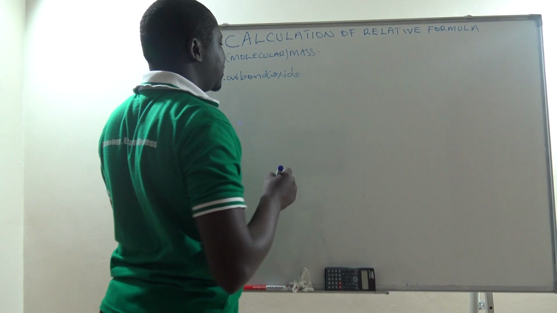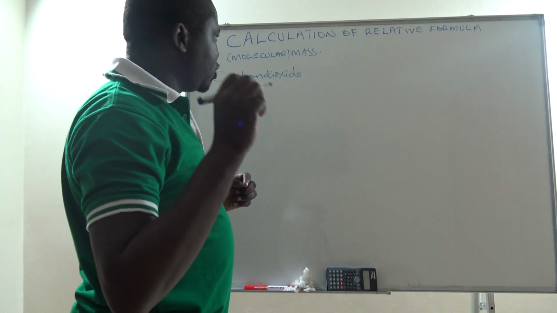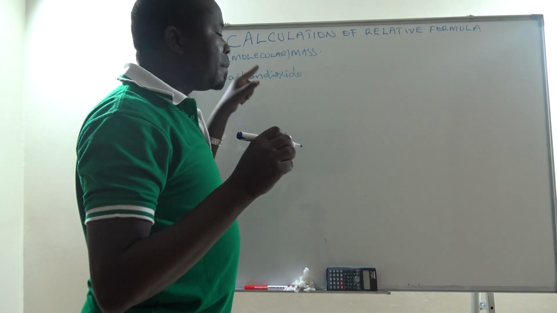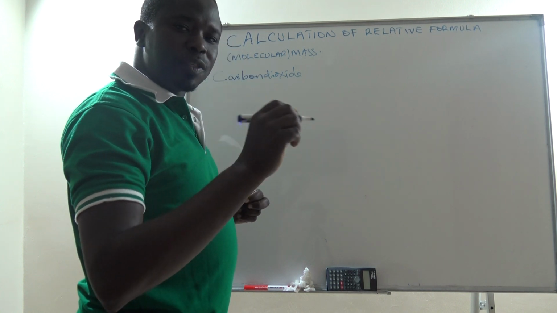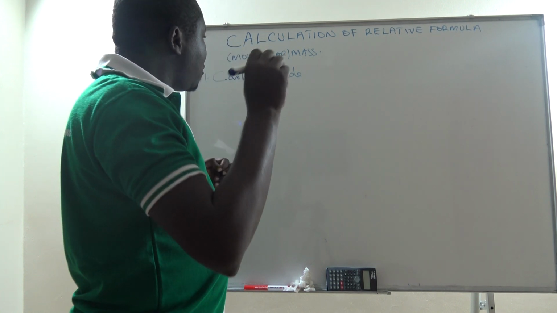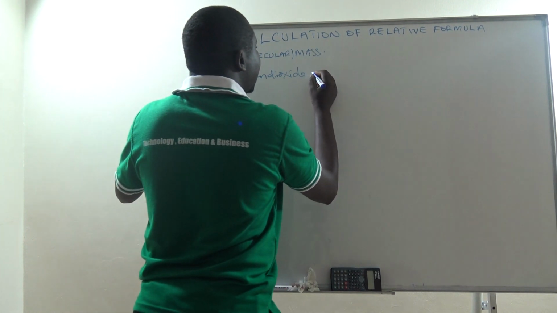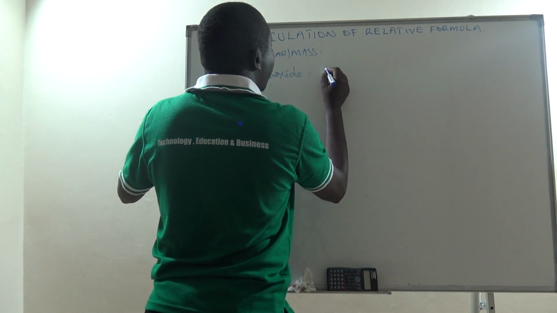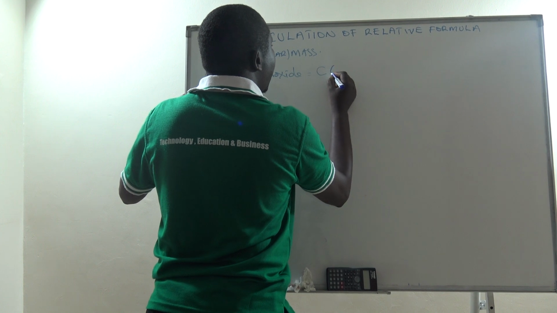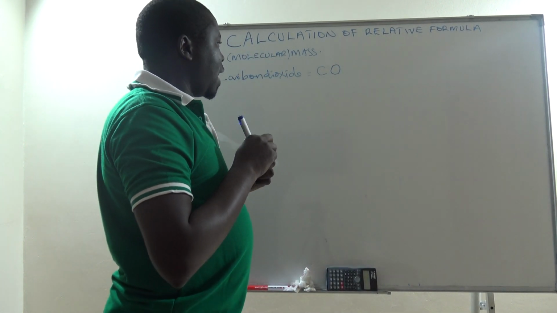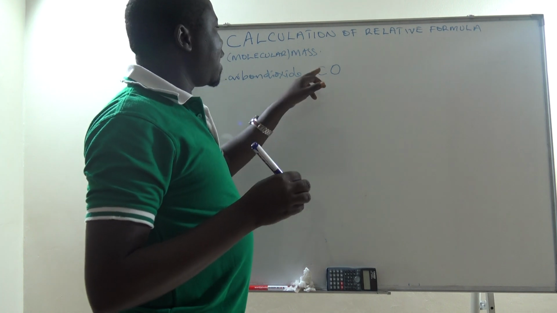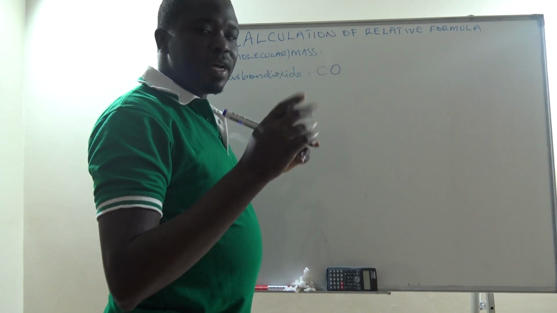If I take carbon dioxide, the first thing that you need to do is to work out the formula of the compound so that you see the number of atoms of each element in one particle of that compound. So in carbon dioxide, we have carbon and oxygen, which are the elements in it.